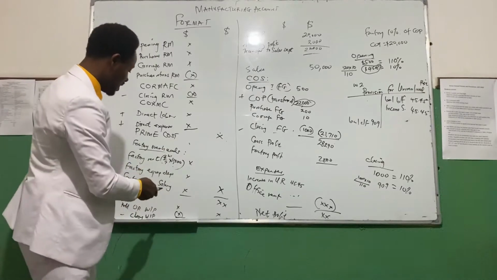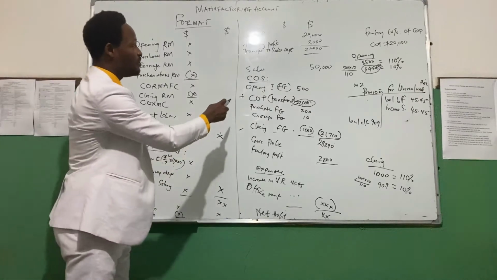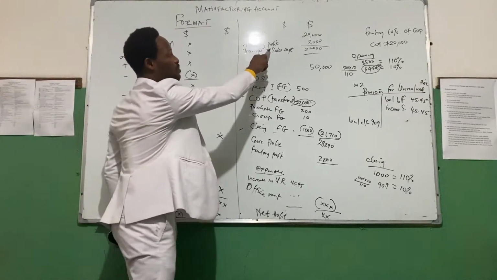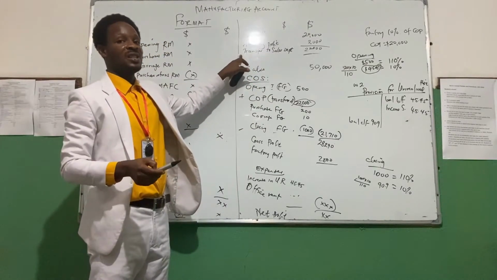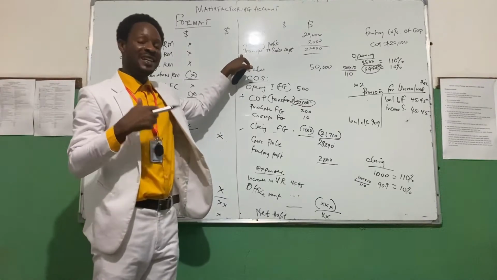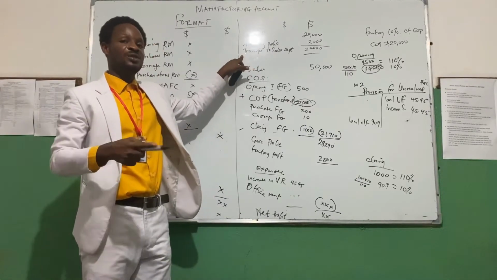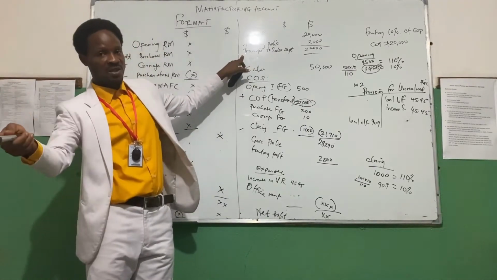Now, when the factory department sends product to the sales department at a profit, that profit is only realized when all the products transferred have been sold.